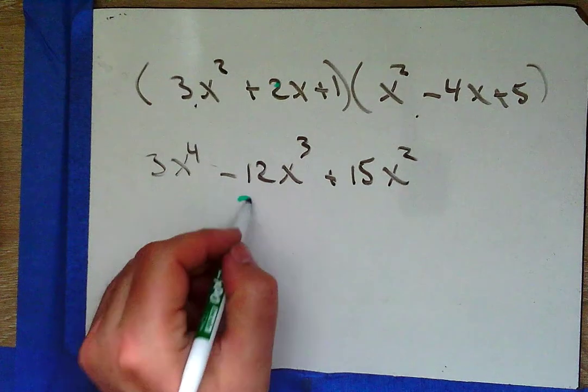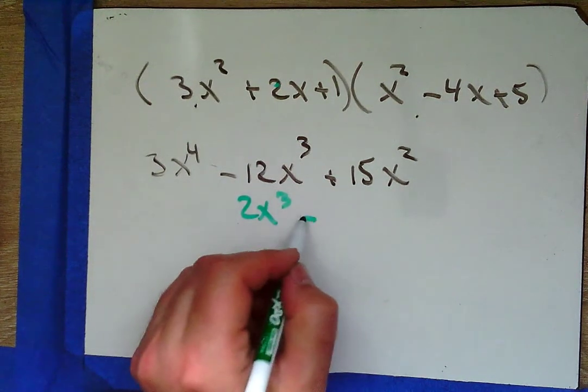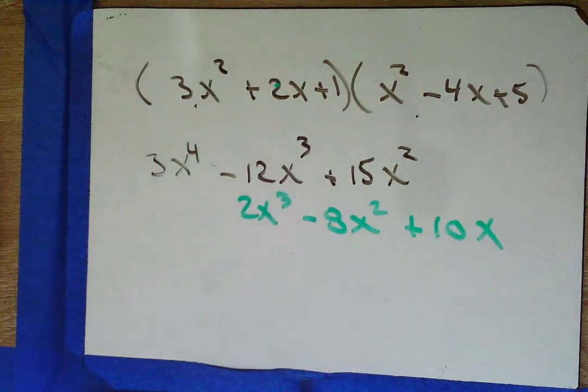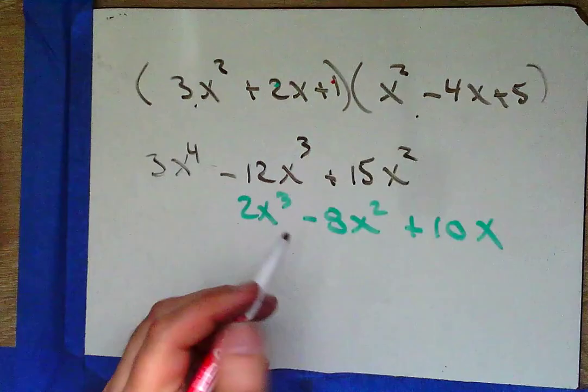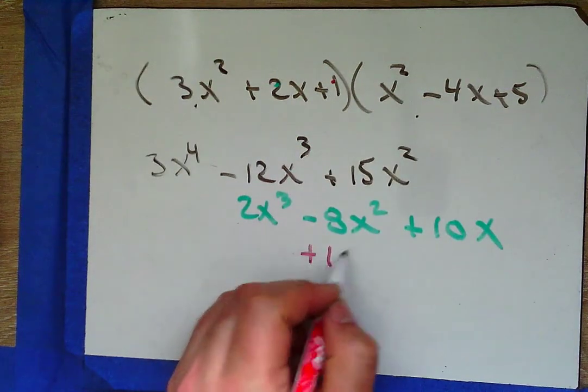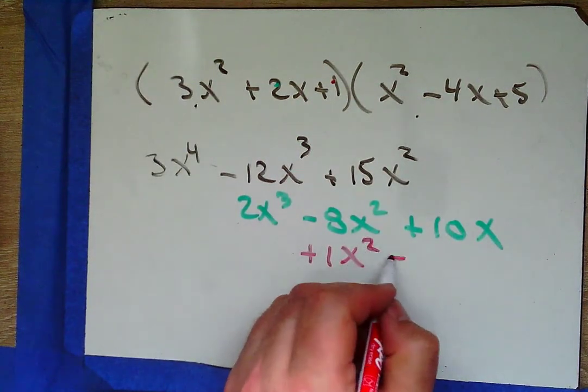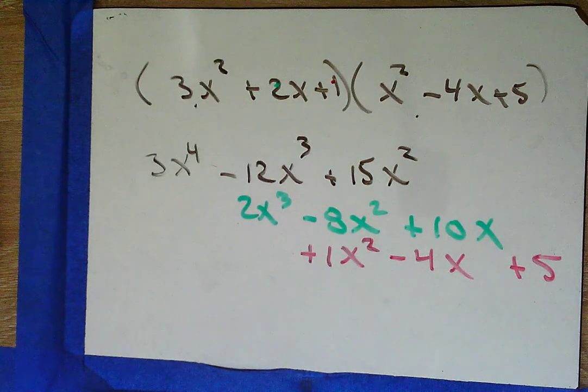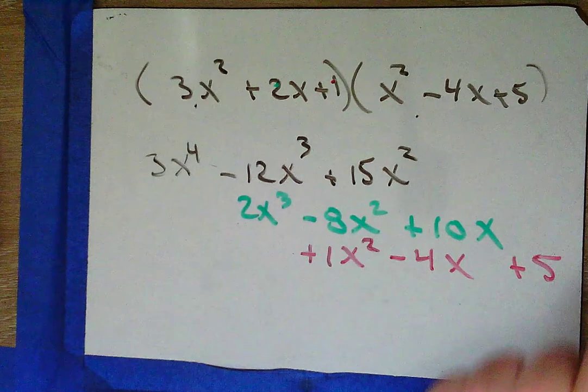So I'm going to have 2x to the third minus 8x squared plus 10x. And then I have to multiply this 1 times each of these, which is going to be 1x squared minus 4x plus 5.